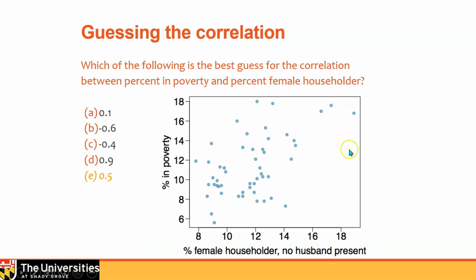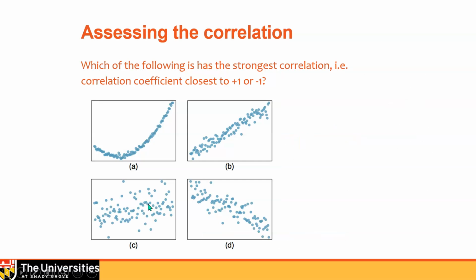You do want to be able to, as I did here, use a process of elimination to figure out what looks like it's probably the correlation. Obviously, in your real analysis, you will be using R code or a calculator to find the correlation. And then finally here, assessing correlation: which of the following has the strongest correlation? Okay, if it's strong, it means it's either strongly positive with a 1 or strongly negative with a -1.